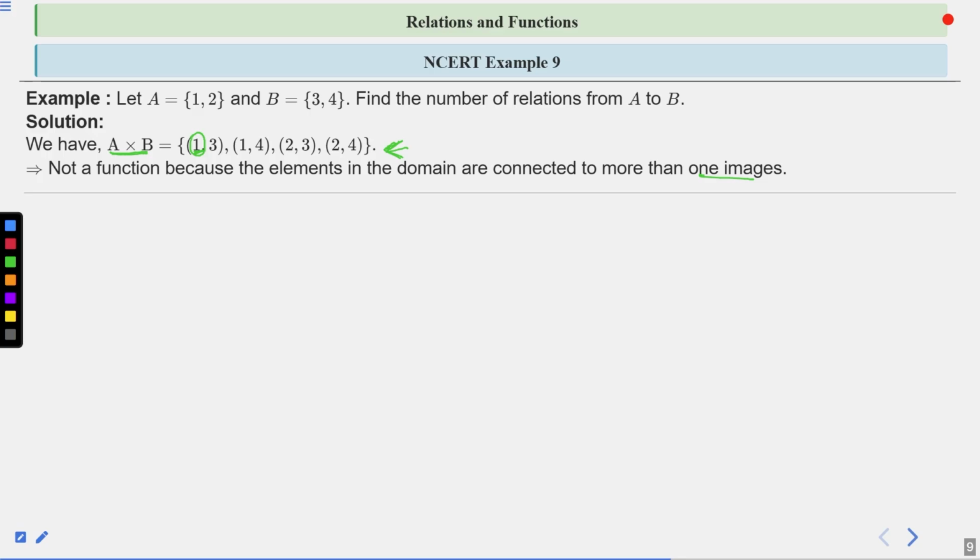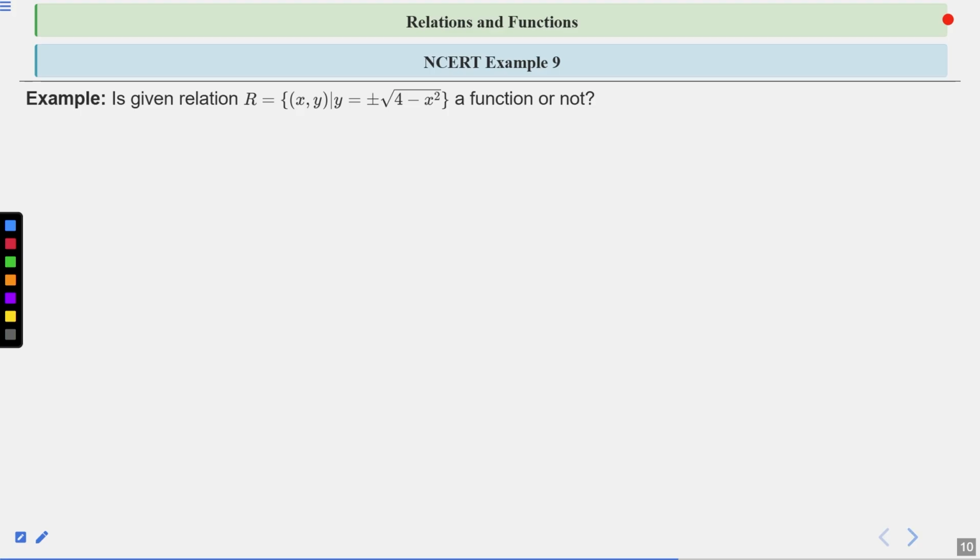Okay. So moving to next. Now this question. So relation R defined as the collection of all (x, y) such that y is equal to plus minus root of 4 minus x square. Is this relation a function or not? So solution.